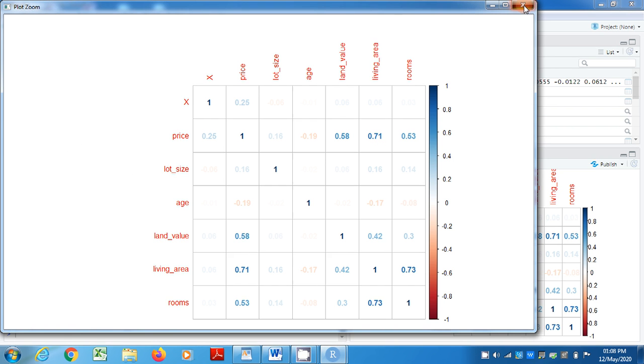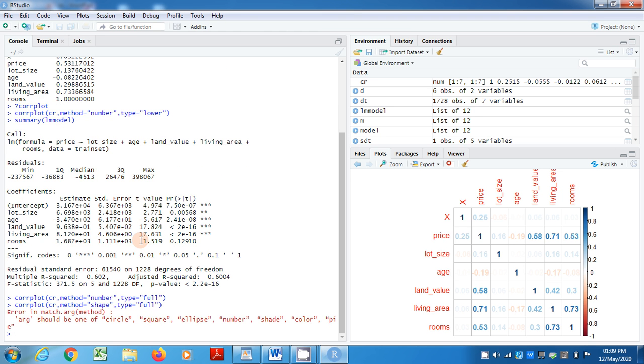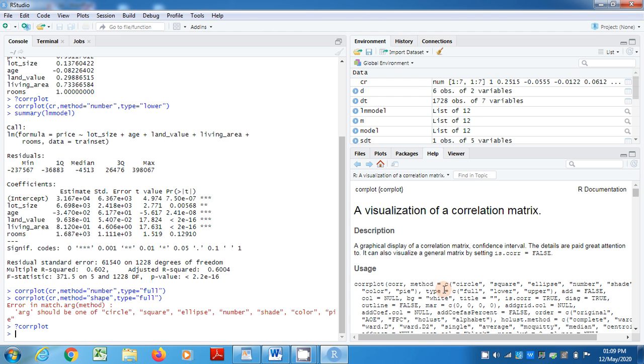So you can see this using another method also. That method is shape. I think shape is right. No, so I will take the help. So what is the method? Square, ellipse, number, shade. Okay, shade.